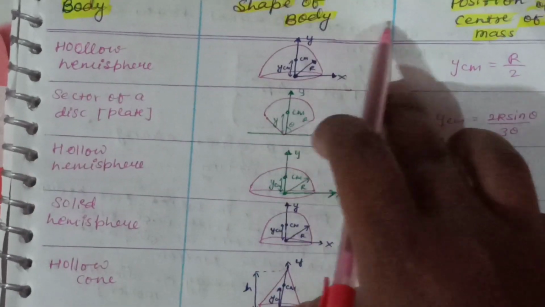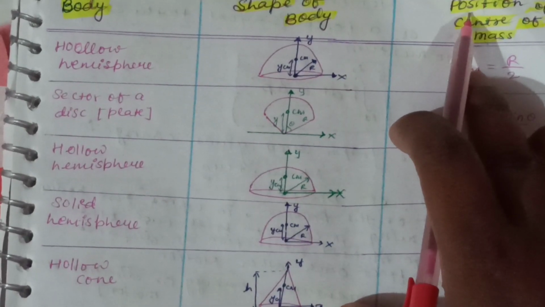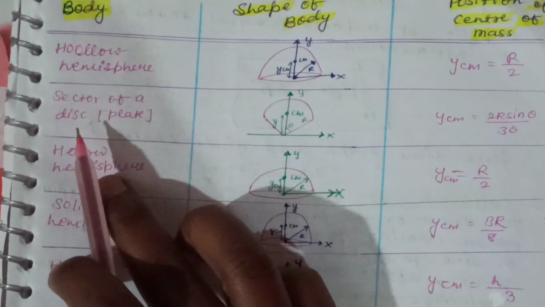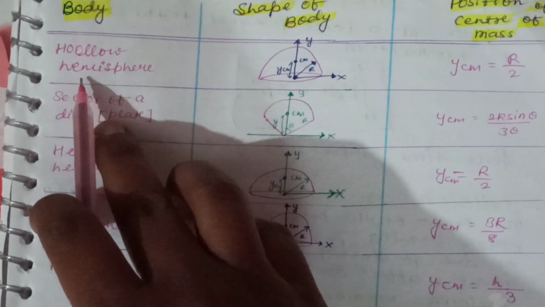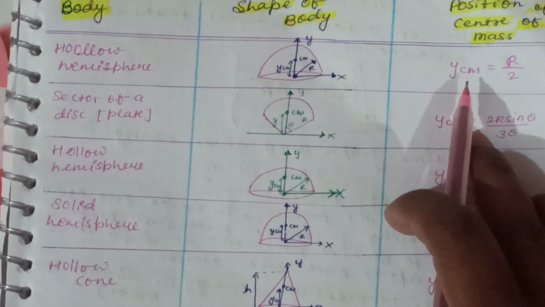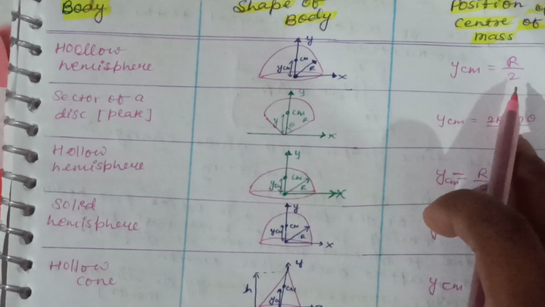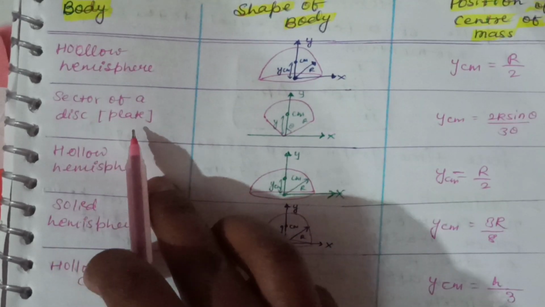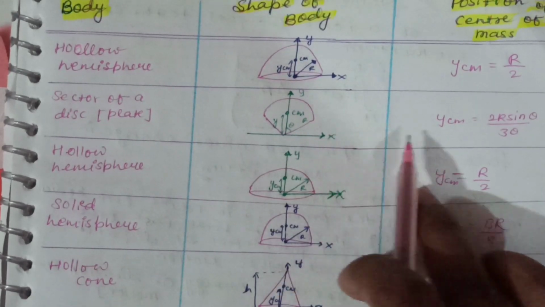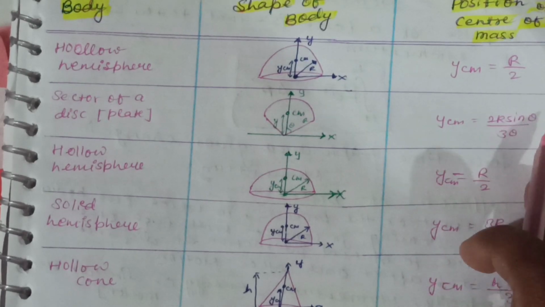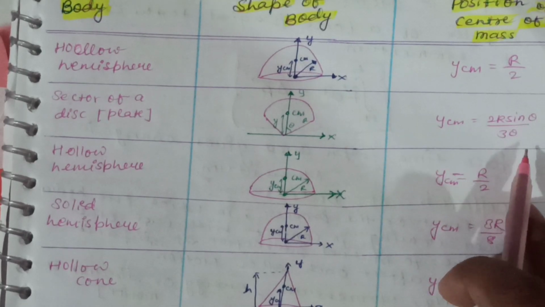Body, shape of body, positions of center of mass. Hollow hemisphere: ycm is equal to r upon 2. Sector of a disc plate: center of mass ycm is equal to 2r sin theta upon 3 theta.